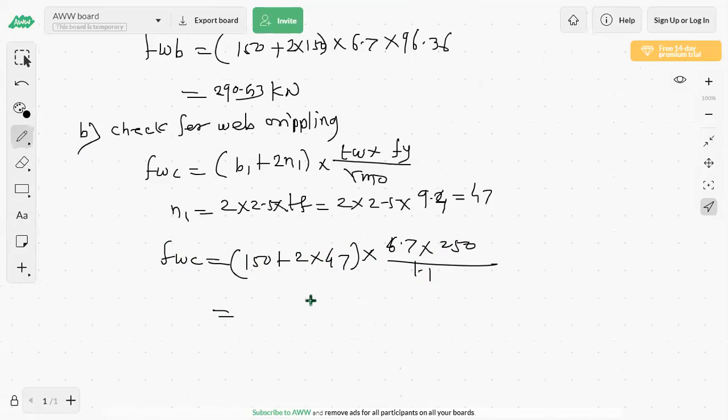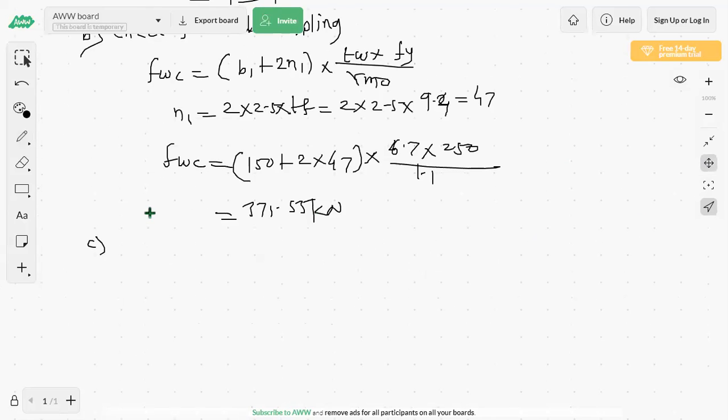So tell me the crippling strength in kilonewton. 371.55. Okay.